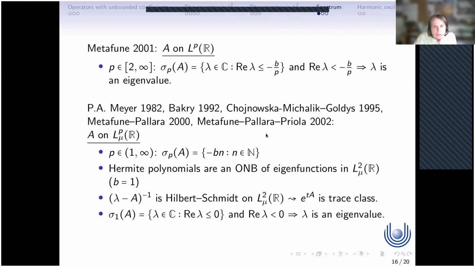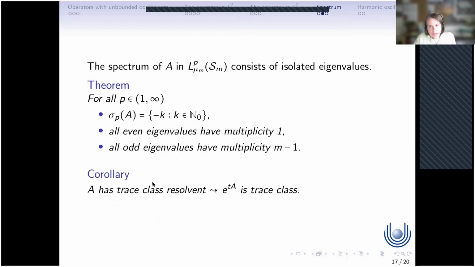However, several people slowly realized that with respect to Gaussian measure, you have a much nicer spectrum. You have a p-independence of the spectrum. You have even explicit expressions for the eigenfunctions. You can show that the semigroup is of trace class. You can also study better what happens for p equal to 1, which is different from the other cases. So in our situation on metric stars, we get something similar.